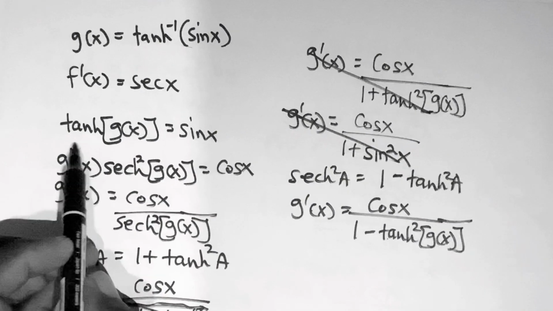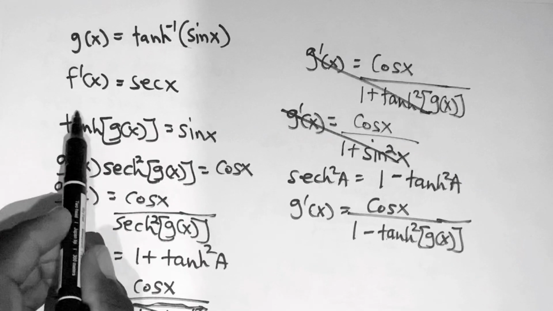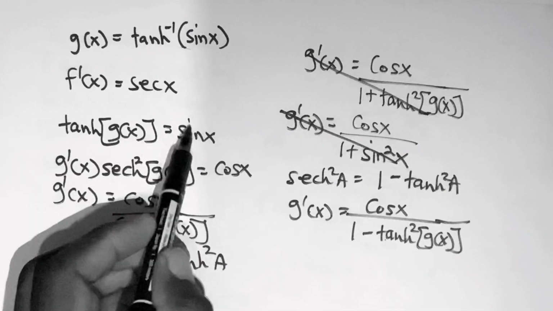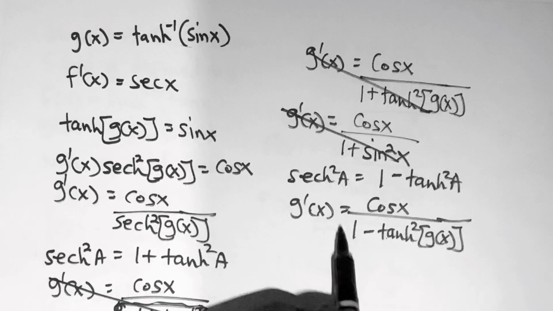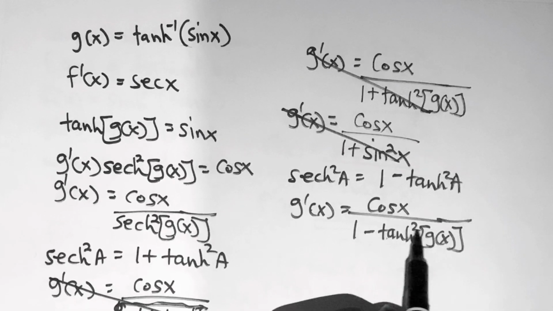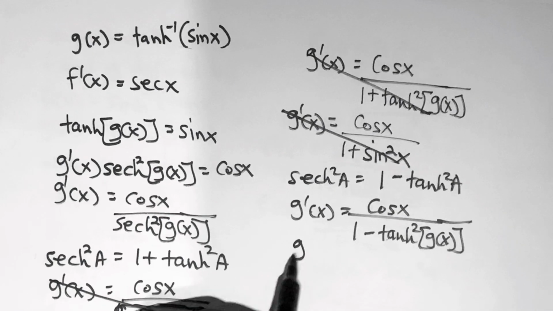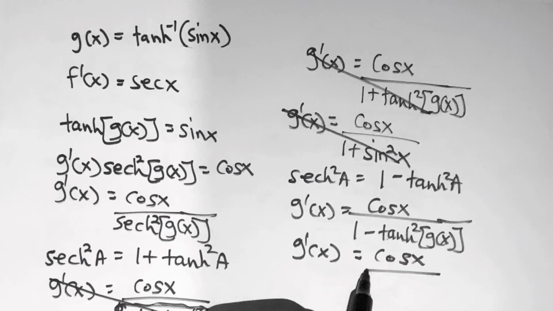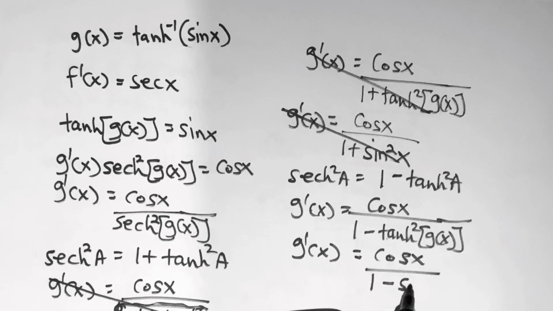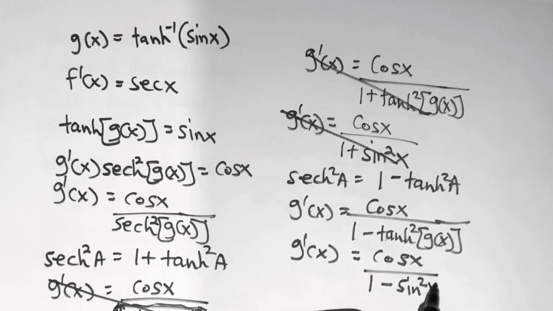But we said that hyperbolic tan of g of x is equal to sine of x. So 1 minus hyperbolic tan squared g of x is going to give g prime of x as cos x divided by 1 minus sine squared x.